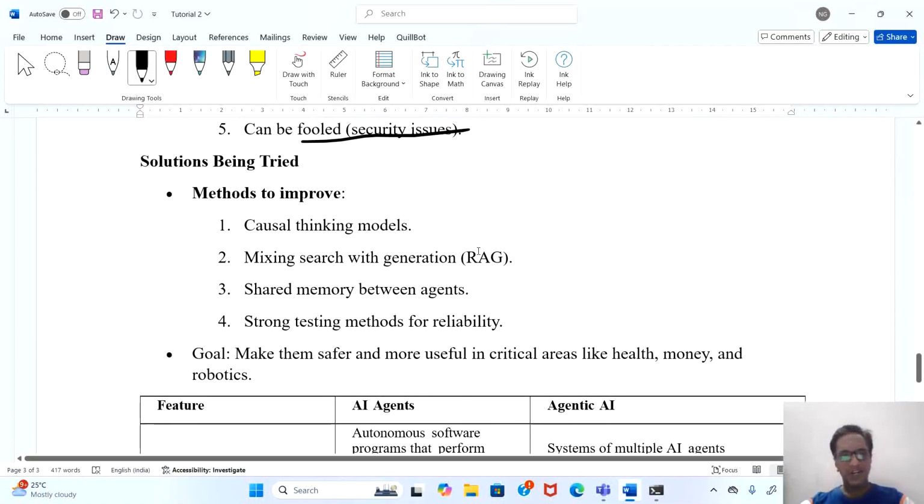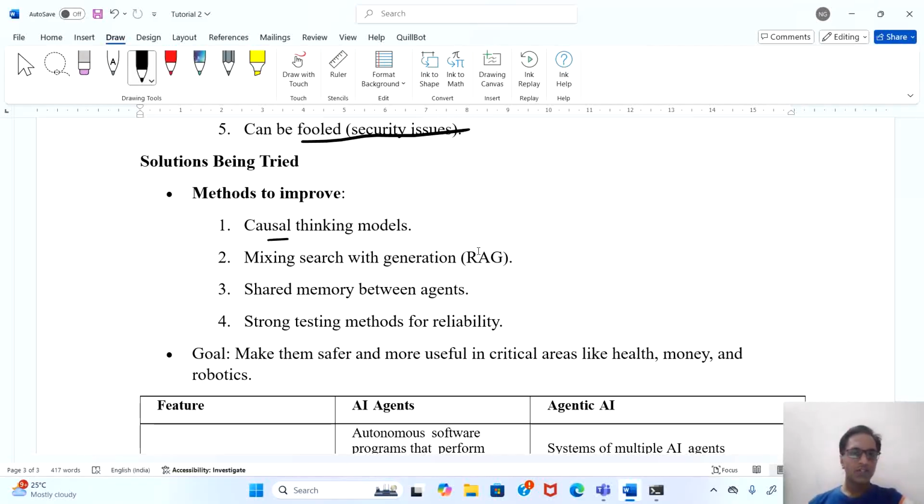So solutions are being tried, as I already told you, more research is going on. Like causal thinking, that means dividing tasks into multiple tasks and giving much more capability for reasoning. So much more algorithm, technique, and maths has now been incorporated in deep thinking.